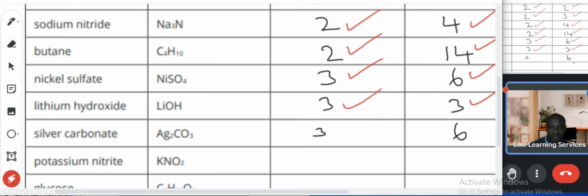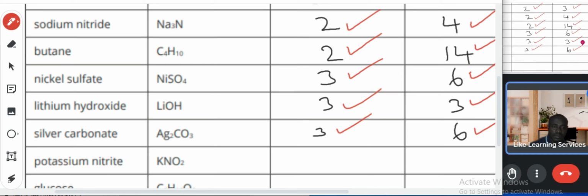Two for silver, 1 for carbon, that's 3, and then 3 for oxygen, that's 6, correct. So 3 elements, 6 atoms.